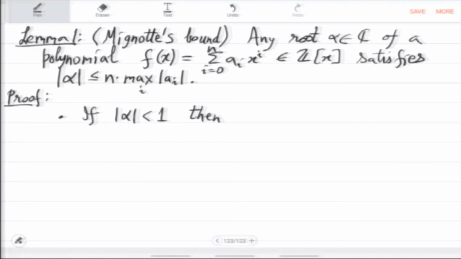Well, in this case the bound n times max bit size is at least 1. So this is trivially true, then the bound holds trivially.